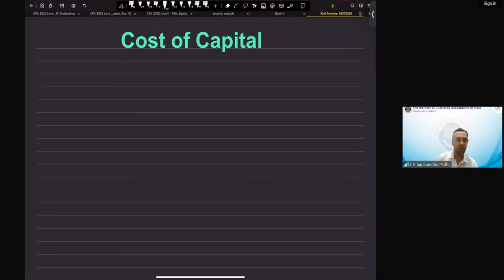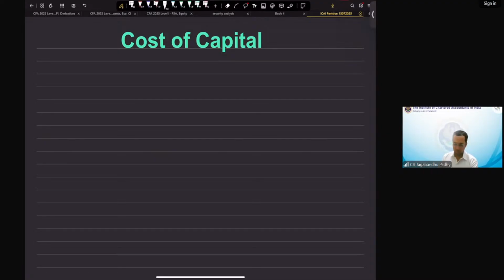The topic that we're going to revise today is cost of capital. It's an important topic because it goes into the very initial domain of the relation that we have for raising of funds and investment of funds.